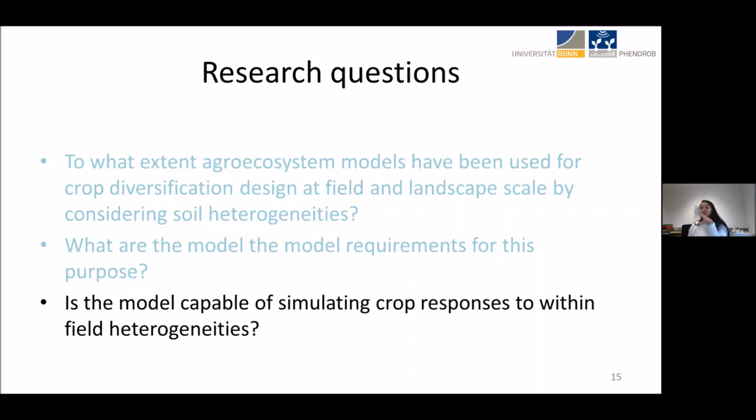So I'm going to talk to you a little bit about the experiment and all of the soil information that we have been collecting, and also a model test that we did with 3 crops to see the different crop responses to these within-field heterogeneities and different weather conditions.